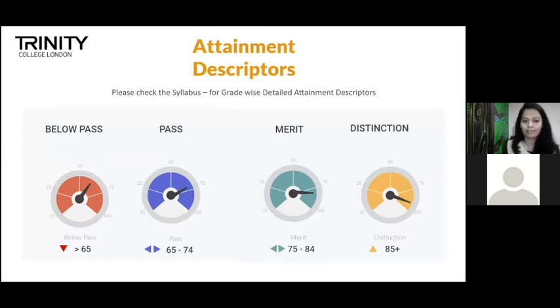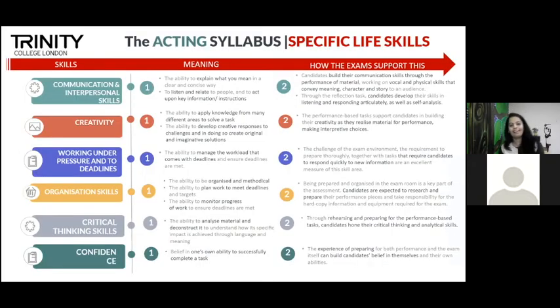So it just is fair enough to get a report on the same. Anything below 65 is termed as below pass. Between 65 and 74 is pass. 75 and 84 is merit, and 85 plus is distinction. Now we come to the skills part of it.